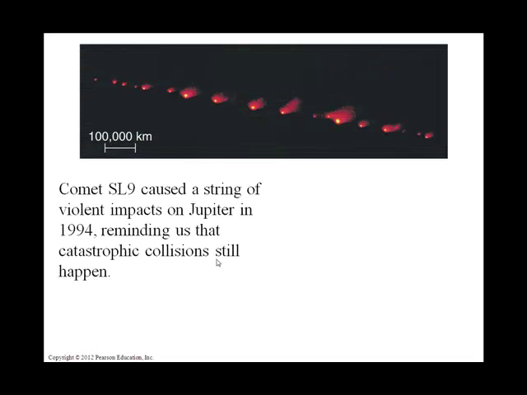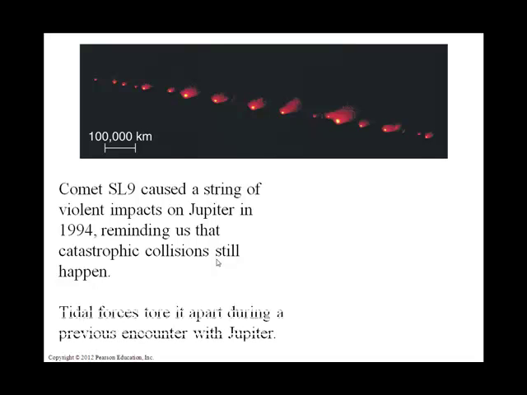Speaking of comets, in 1994 the comet Shoemaker-Levy 9 had fragmented earlier, and the pieces fell through Jupiter's atmosphere and created this chain of impacts. Isn't this cool? People knew in '94 that this was going to happen, so I think they got some really good scientific information from looking at this interaction.